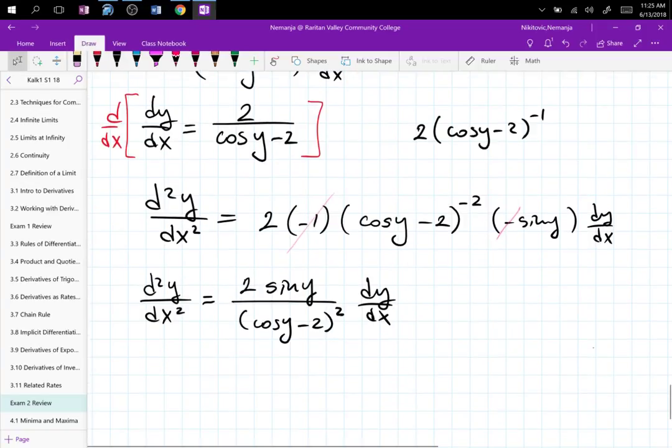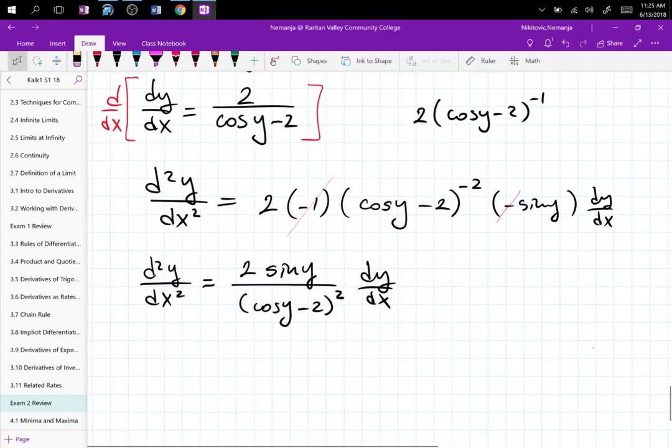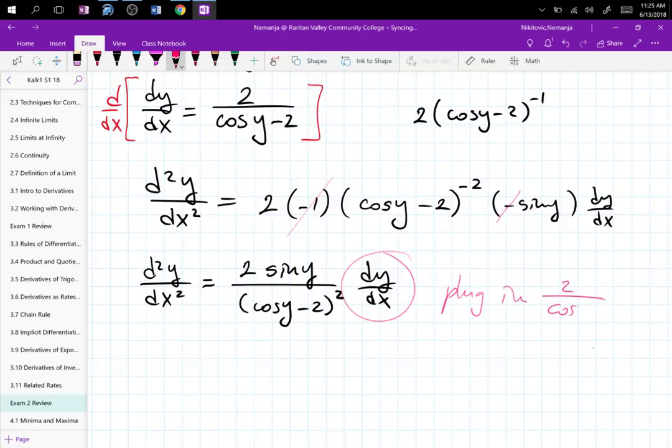Now, I know what the dy dx is. So plug it in, all right? So plug in 2 over cosine y minus 2, because that's what the first derivative was. So we can have everything in terms of just x's and y's rather than x's, y's, and first derivative as well.